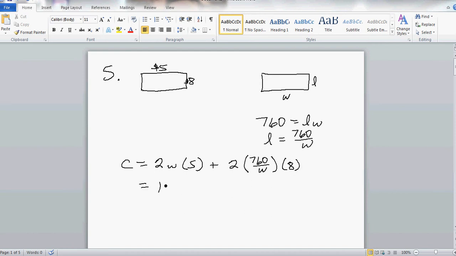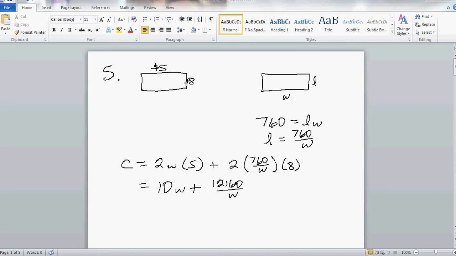And so I was just cleaning this up and got 10W plus, okay, and then 2 times 760 times 8 is 12,160. So that would be 12,160 over W.